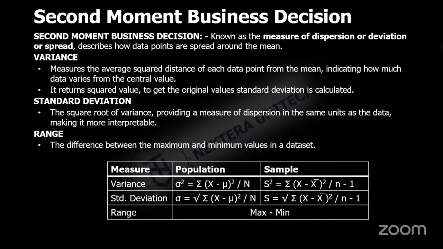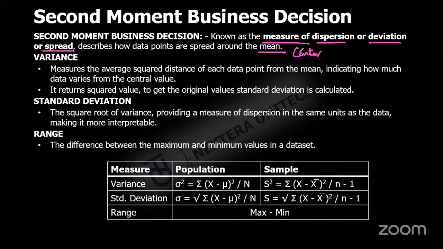It measures the spread, or dispersion, or deviation. All these mean the same, guys. When I use second moment business decision measures, they help us understand whether there is a spread in the data or not. But spread from where? Spread from the mean value, nothing but the center value.